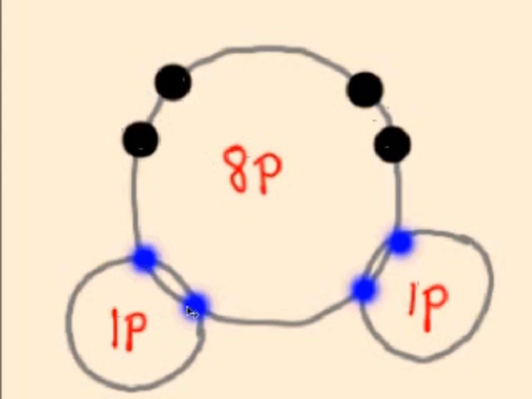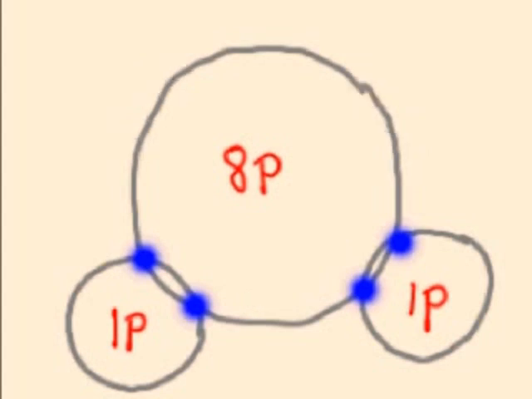And so it's just these 2 electrons that are important. Let's just gray these out as well, because they aren't involved in the covalent bond.